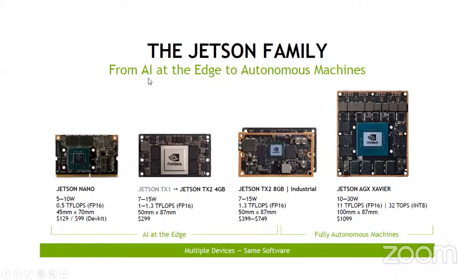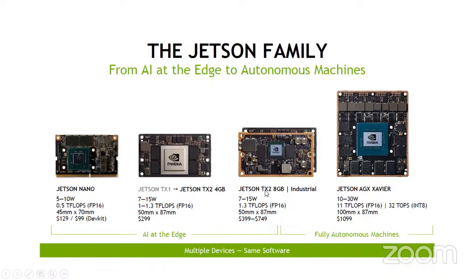Then the Jetson family, AI at the edge for autonomous machines. These are the different kinds of Jetson boards available. One of the most basic ones is Jetson Nano. Then Jetson TX1 and TX2. This is the other variant, just one above Jetson Nano.